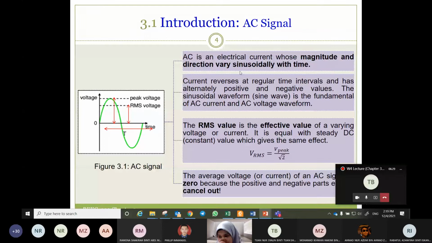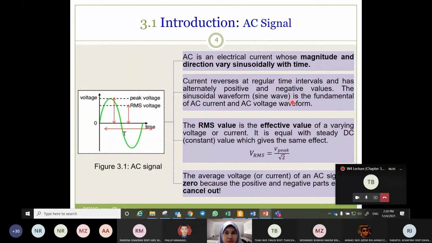Current reverses at regular time intervals and has alternately positive and negative values. Okay, positive and negative values.